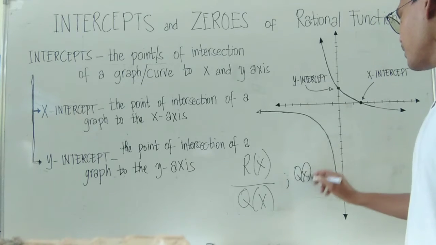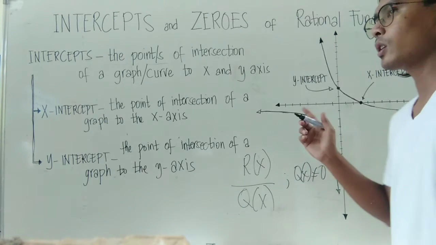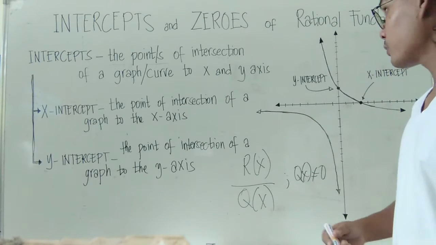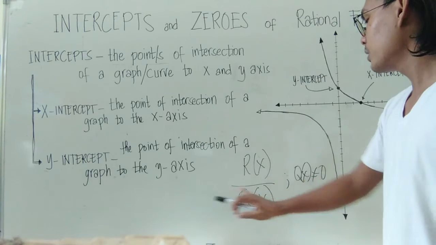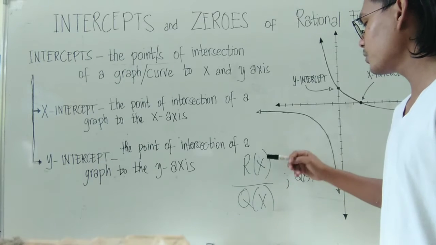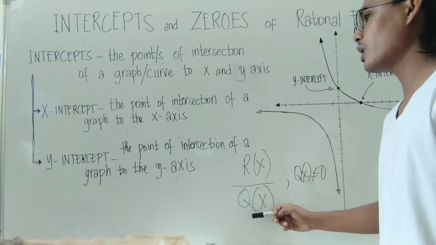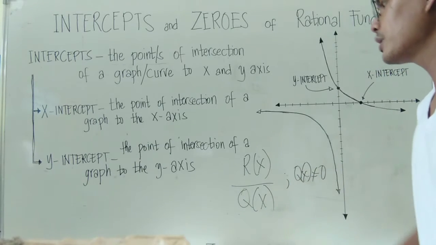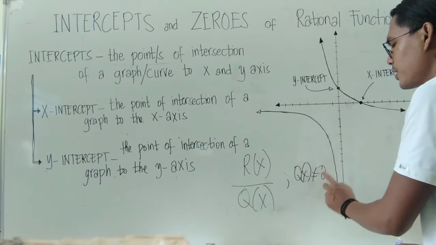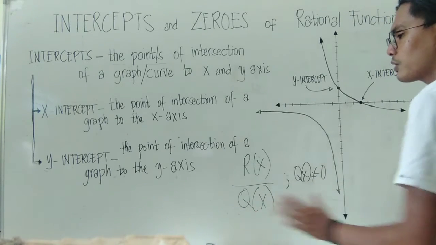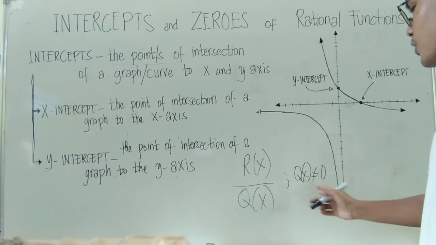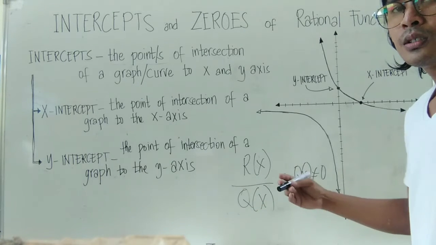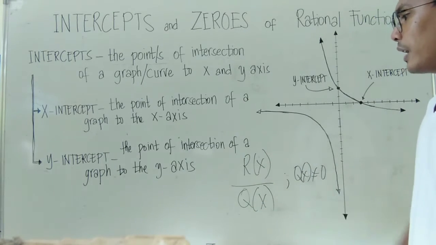The condition is that q of x should not be equal to 0. A rational function is a ratio between two polynomials. Your numerator is a polynomial as well as your denominator, and your denominator should not be equal to 0, because when the denominator is 0, the function will be undefined.